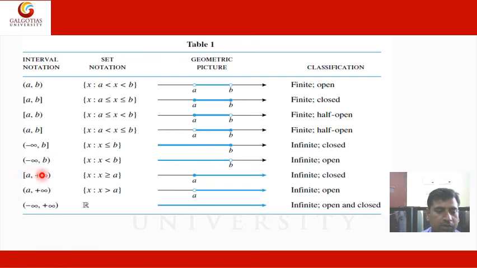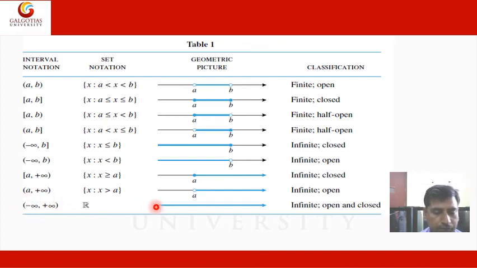This is minus infinity to b. That means it will include all the points on the left-hand side of b, and also b. So it's infinite because one endpoint is infinite, and it's closed because it's including the endpoint. Second is minus infinity to b, where b is not included. That means it's infinite and open. Then a to infinity.